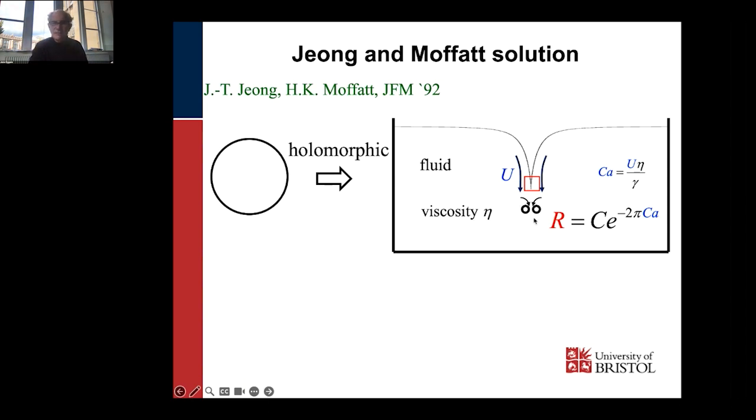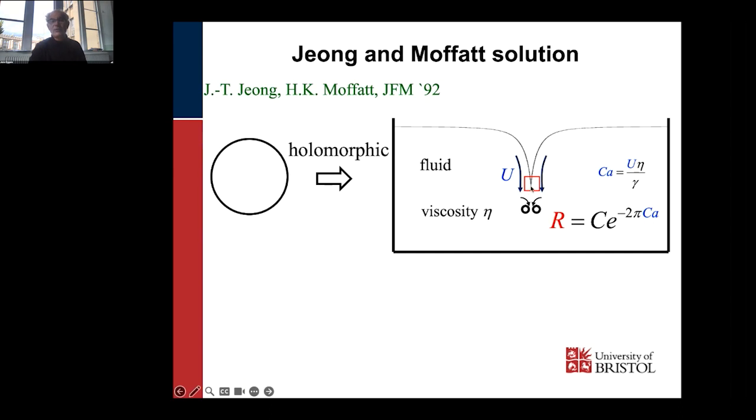Underneath the free surface at a fixed distance, they have a dipole of vortices, which experimentally would be two counter-rotating cylinders. And they find that the free surface is deformed into a sharp cusp if the driving is strong enough. But in fact, they find that the cusp tip is not of zero size.